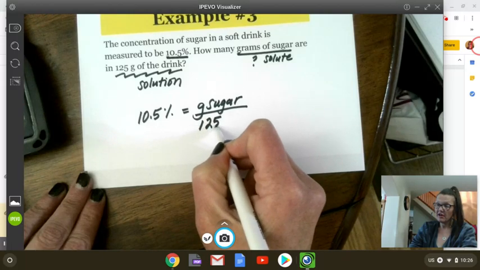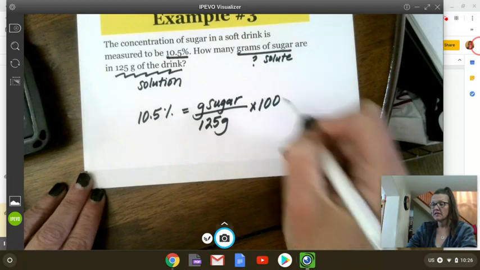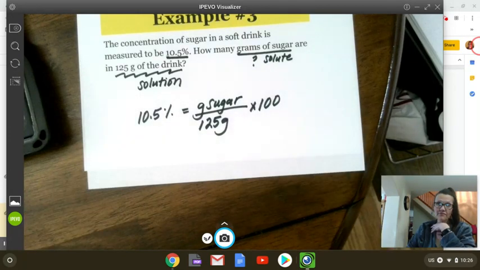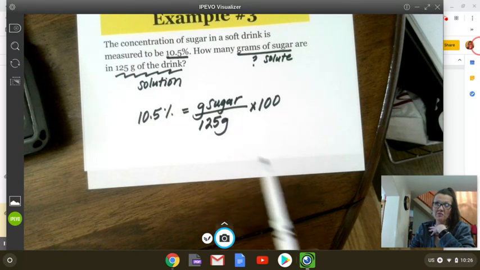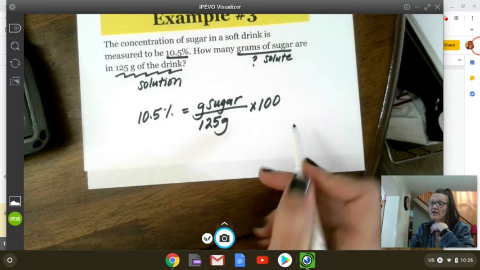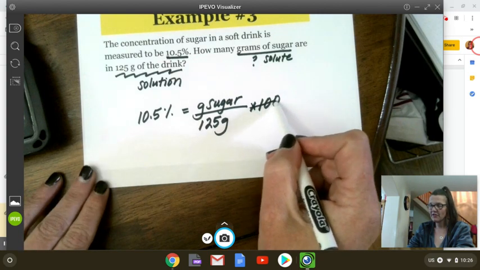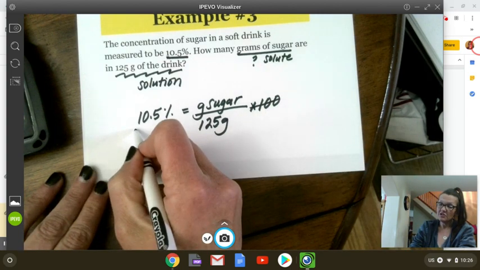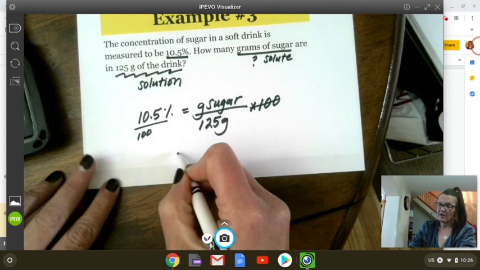So that would be 125 grams in this case. And then, of course, you have to take that number and multiply it by 100. So we plug in what we know to our equation, and so we're left with what we need to solve for. First thing we want to do is get rid of that 100. So if we're going to multiply by 100 here, we want to divide by 100 over here so we can get rid of it.